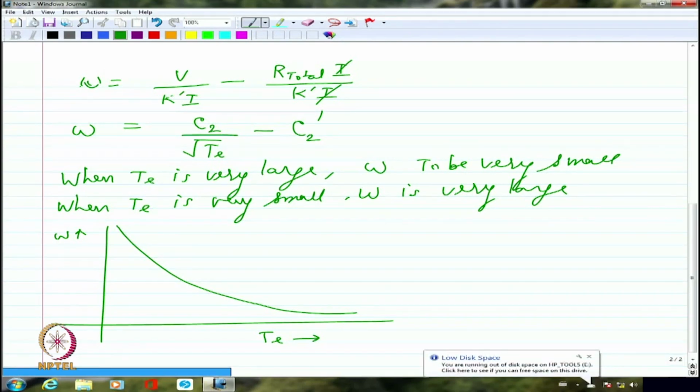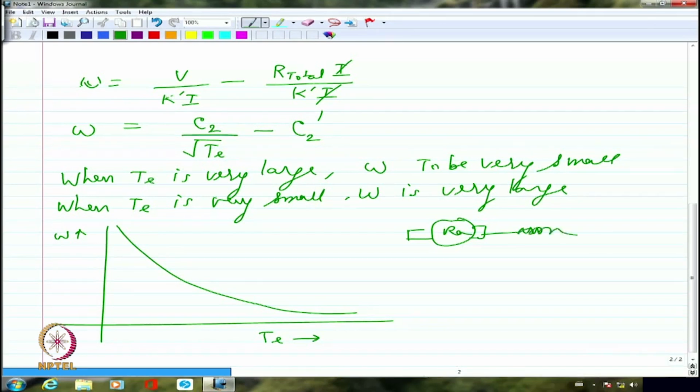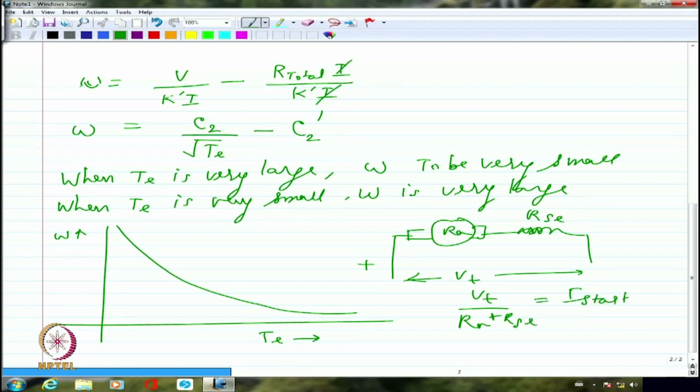During starting all I have is only RA and R series. These two are coming in series and I am applying my voltage here. So I am going to have VT divided by RA plus R series as the starting current, because I am not going to have any back EMF at all.